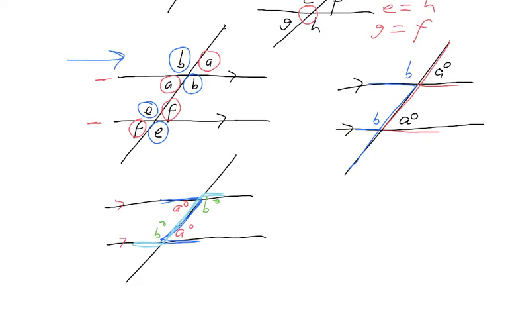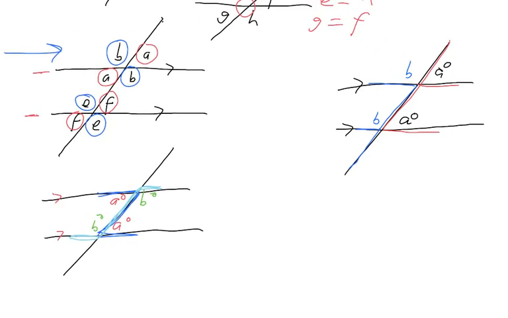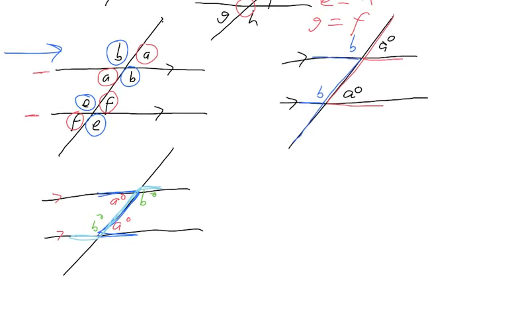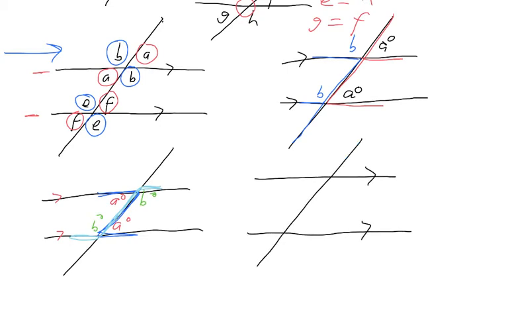Now, so that's alternate and corresponding angles. But what do we do with the angles here? So we've got our parallel lines. That's all well and good because we've got our corresponding, we've got our alternate. Well, now that we have those angles, what about angle A and angle B?